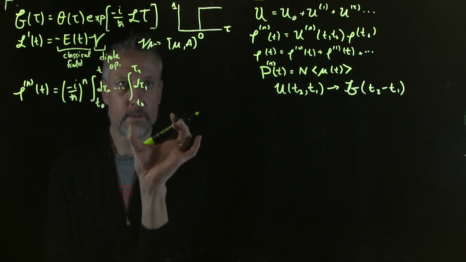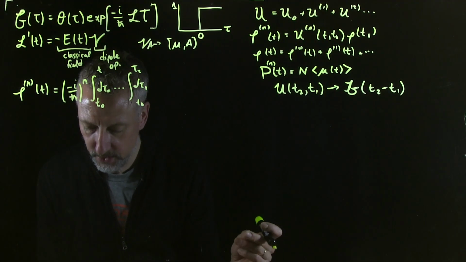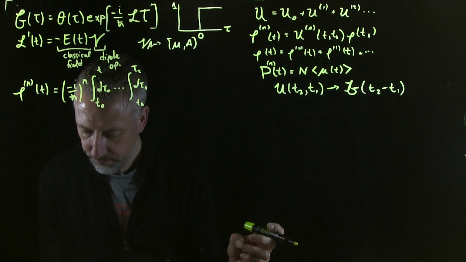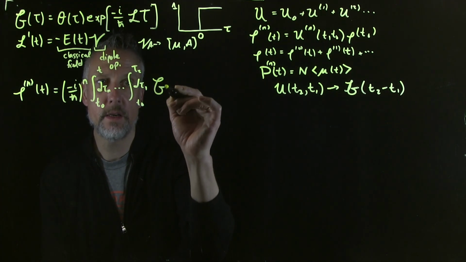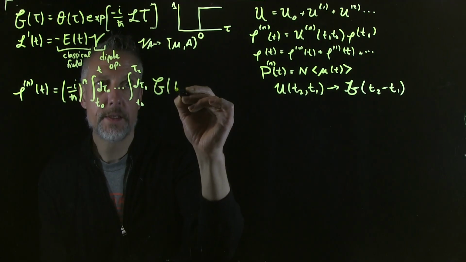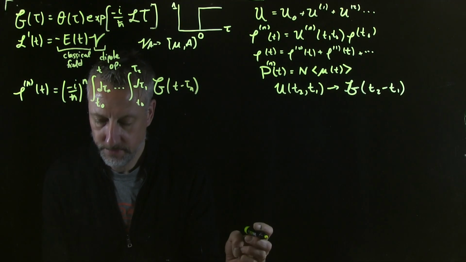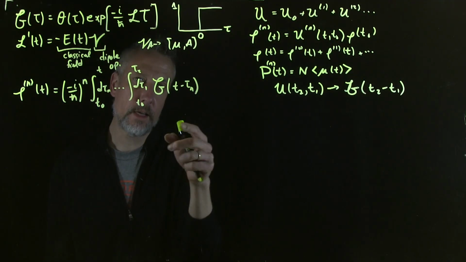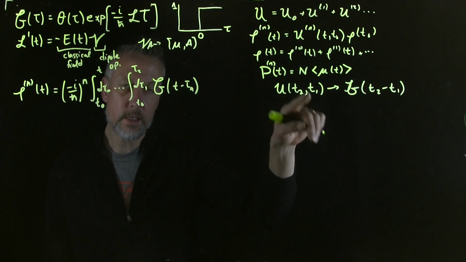We can either shift the time evolution operator, or we can use this Heaviside function to do the shifting for us. All right, so when we do that, we get g, t minus tau n, because remember that was the last step. So of course we were writing u, t comma tau n.